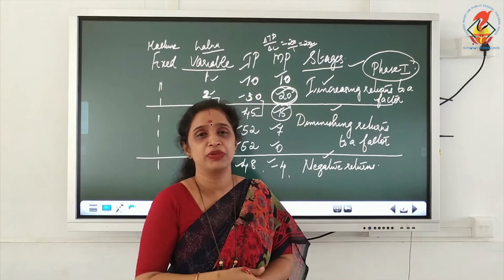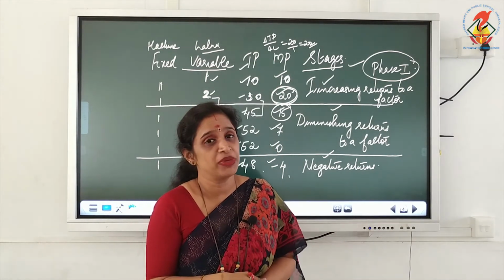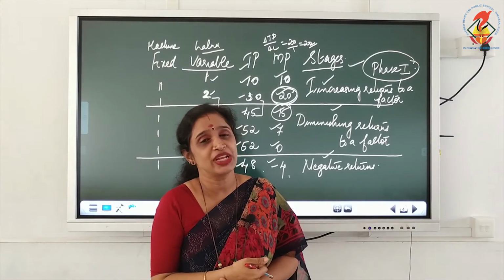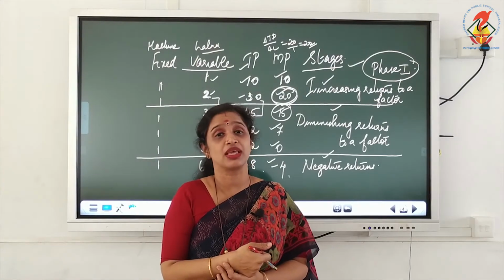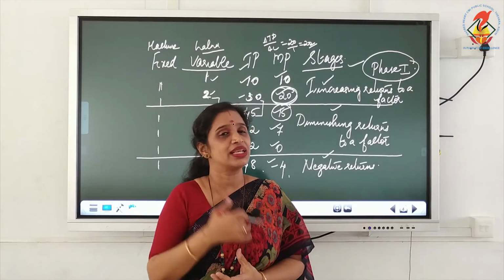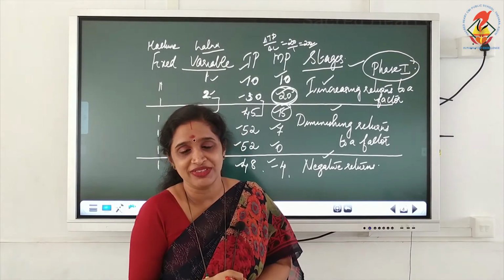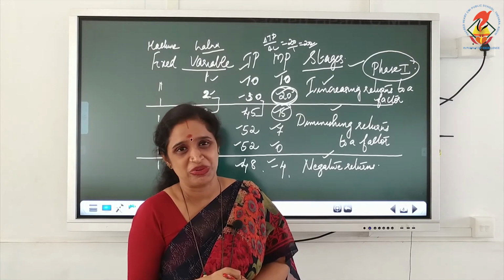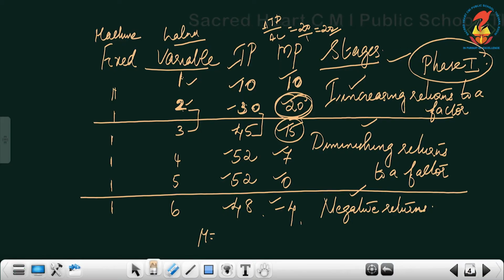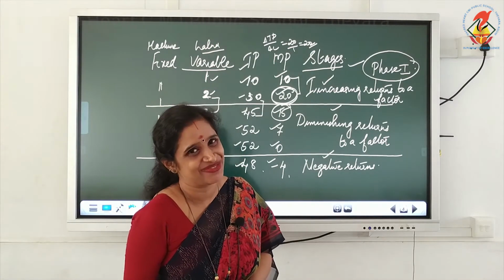What a jump, 20 is the jump from 10 to 30. Therefore, we can say total productivity is increasing at an increasing rate, the first statement of total productivity in the law of variable proportion. Then what happens to marginal productivity? Marginal productivity also increases from 10 to 20.